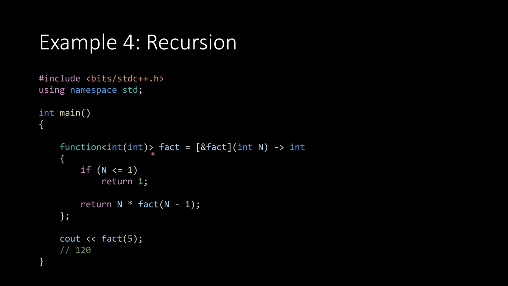Here the parameter is integer, because I'm only taking the n parameter, which is integer. Here, instead of passing it as a parameter, I'm going to use the capture clause. Using this capture clause, I capture this variable by reference, fact. Now this function has access to it, within the body it knows what fact is, so you can easily call that. Okay, this is another method.